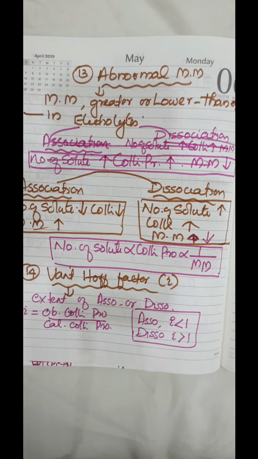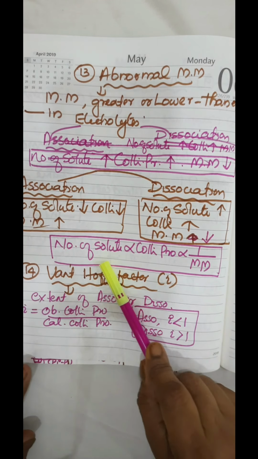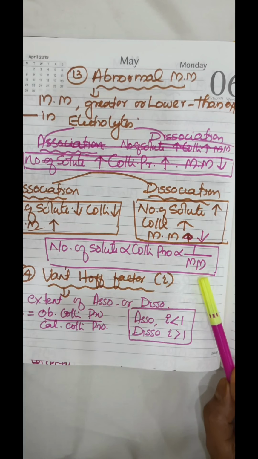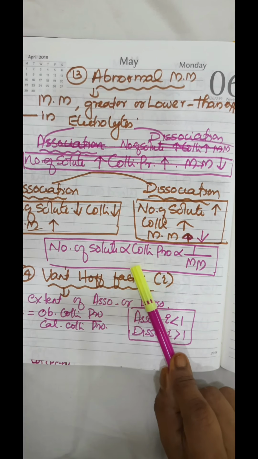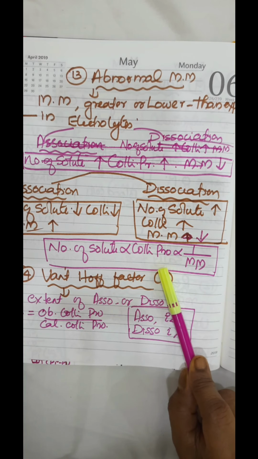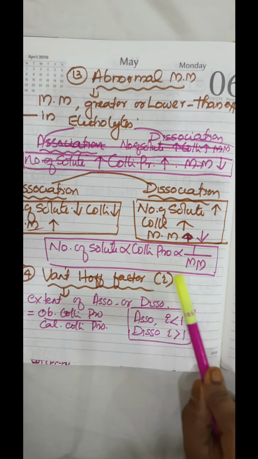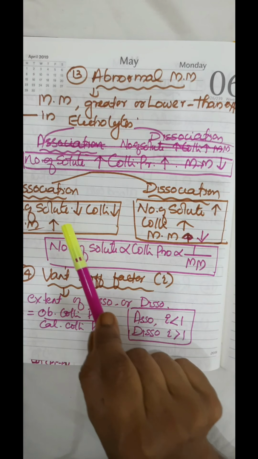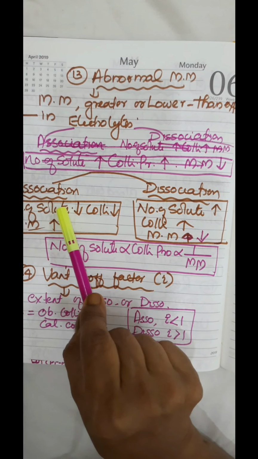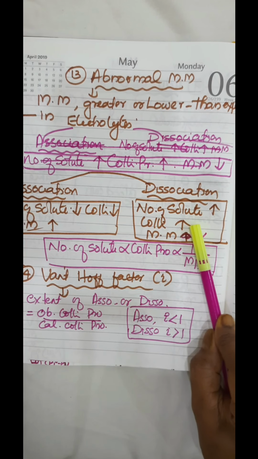So the relation between number of solute particles, colligative property and molar mass is this one. Number of solute particles is directly proportional to colligative property, while colligative property and molar mass are inversely related. By using this, we apply it in the case of association and dissociation.